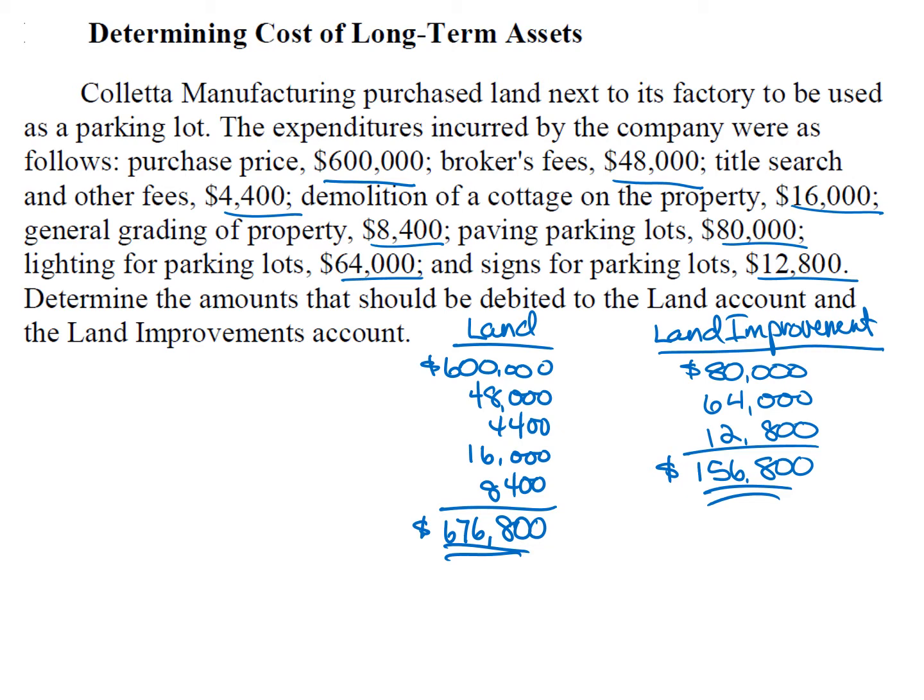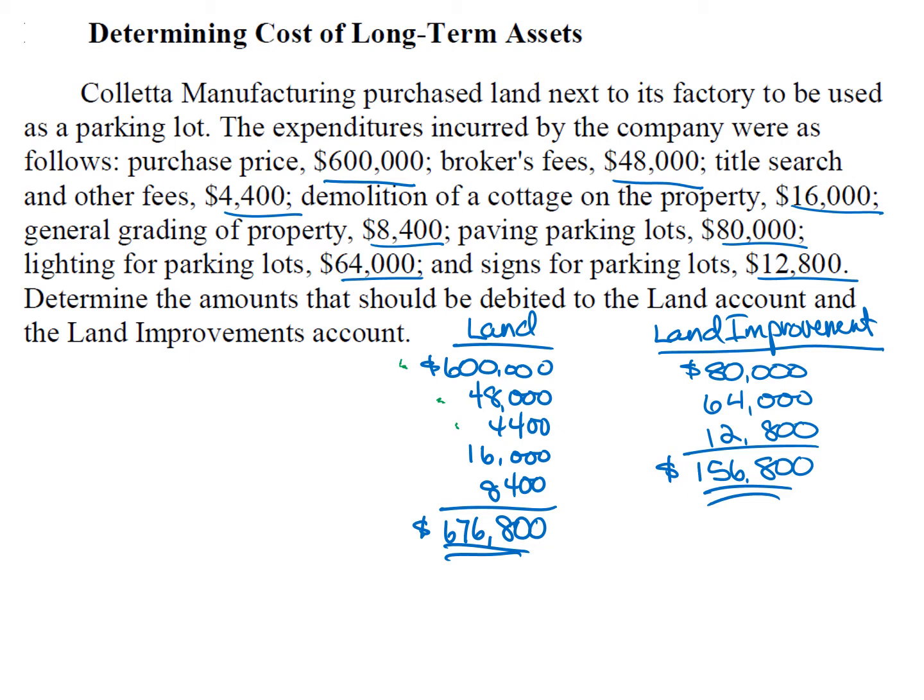So the first one is the purchase price of the land, and that goes into the land account. Second, broker's fees, since that has a causal relationship to purchasing the land, also go into land. Title search and other fees that have to do with the closing of the land go into land.